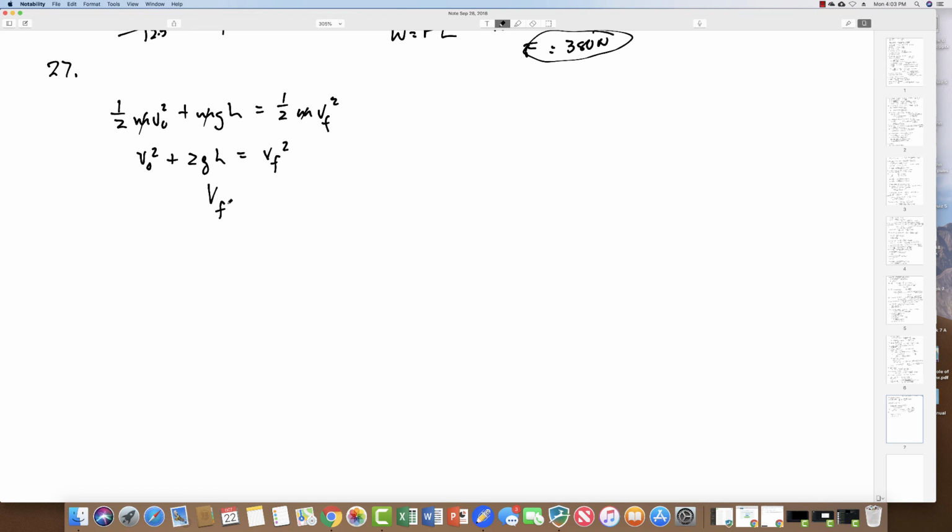So vf is equal to the square root of v0 squared plus 2gh. So that's going to equal the square root of 15 squared plus 2 times 9.8 times the height, which is 20 meters, and you get 24.8 meters per second, which is what they said in the original problem.